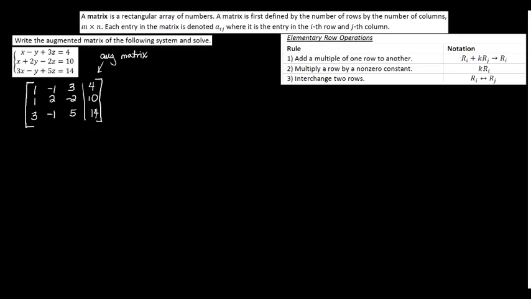So the first matrix operation, or the first concept that I want to do, is I want to get the values underneath my first entry to be zeros. So I want the 1 in the second row and the 3 in the third row to become zeros. So my first operation that I can do is row 1 minus row 2, and we'll stick that in row 2.